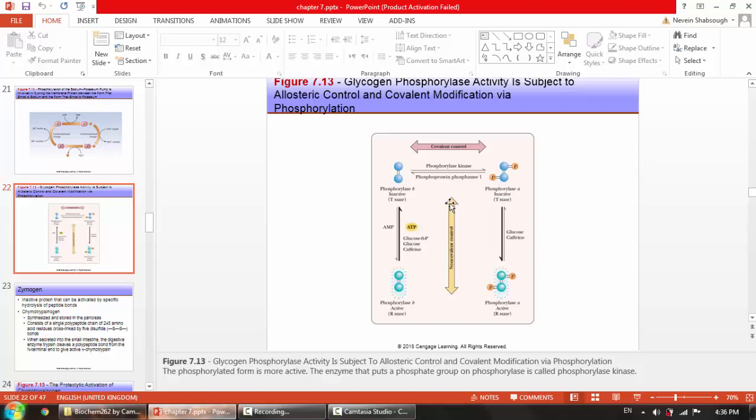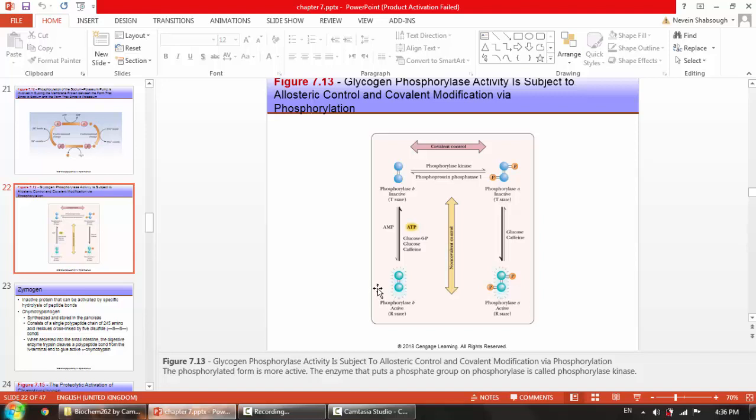However, the 2 forms of the enzyme respond to different allosteric factors depending on the tissue type. Glycogen phosphorylase is thus subject to 2 types of control: allosteric regulation and covalent modification. Of course, the covalent control here is the phosphorylation, and the non-covalent or allosteric control is where these allosteric effectors tend to either activate or inactivate these different forms.